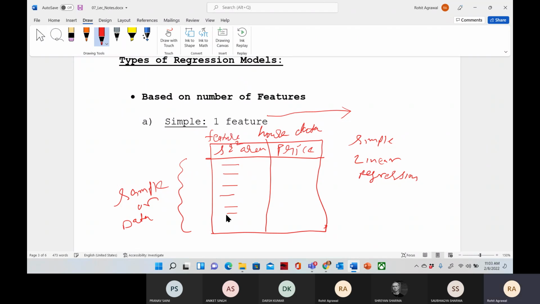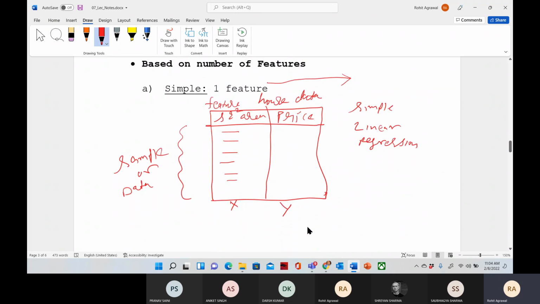This is called the X value and this is called the Y value. Square feet area is independent and the price is dependent. Clear? So in simple linear regression we only have one feature.